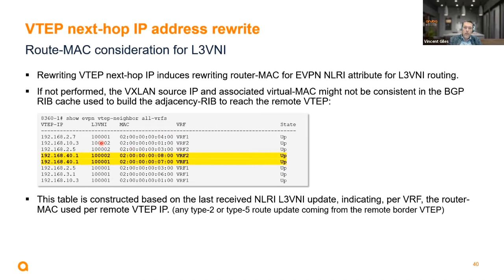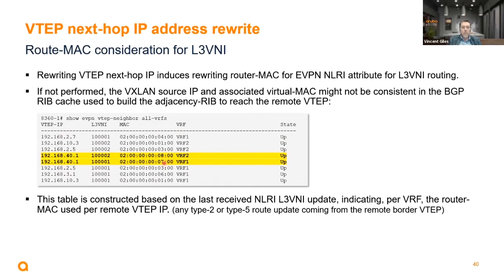So that table here is constructed based on the last received NLRI layer 3 VNI update, which indicates per VRF the router MAC that needs to be used for a given remote VTEP. So typically here for VRF1, that remote VTEP should use this router MAC.